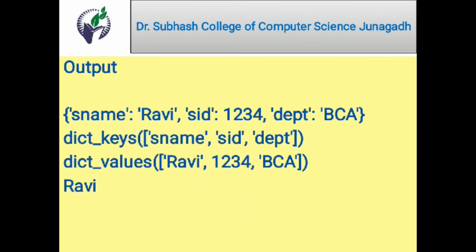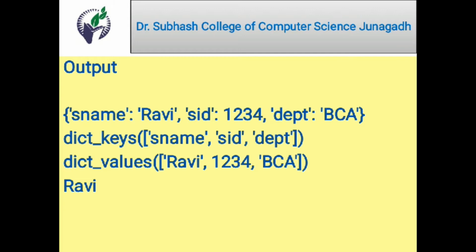So keys are student name, student ID, and department. Here three key values are there, and the values for each key, that is Ravi, that is for name, 1234 associated with student ID, and BCA associated with department.